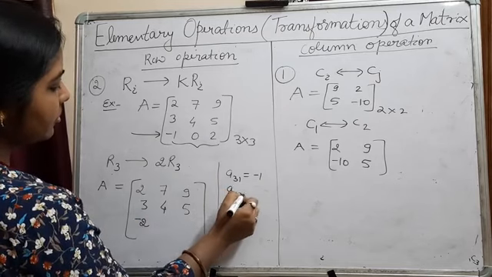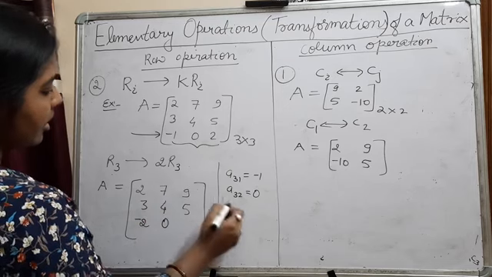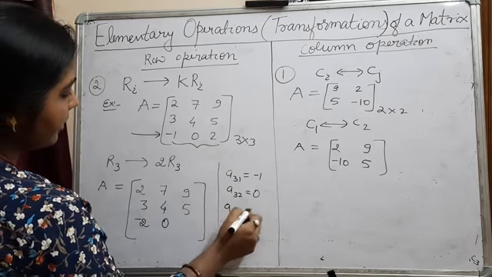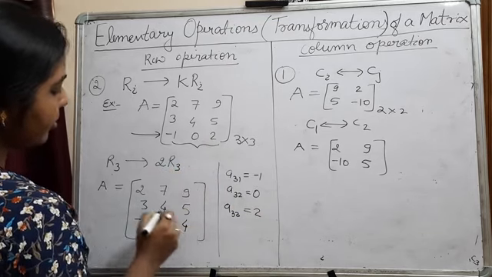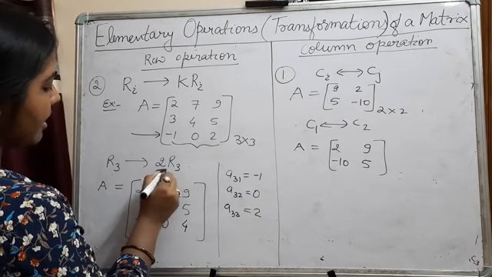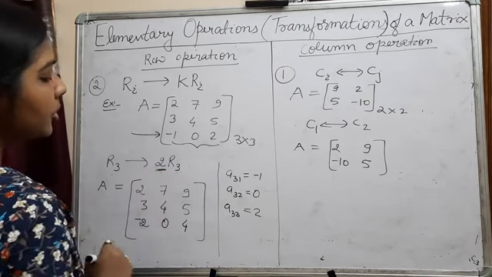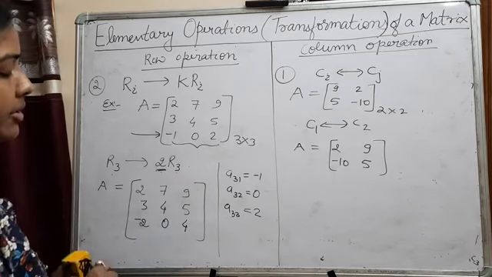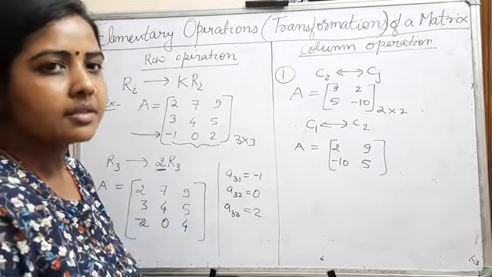Similarly A32 is 0, so when we apply it, it is 0. Then A33 is 2, so 2 into 2 is 4. Means we are multiplying row 3 by 2, and so we get this matrix. Why are we doing all this? For finding the inverse of a matrix. We will discuss it.